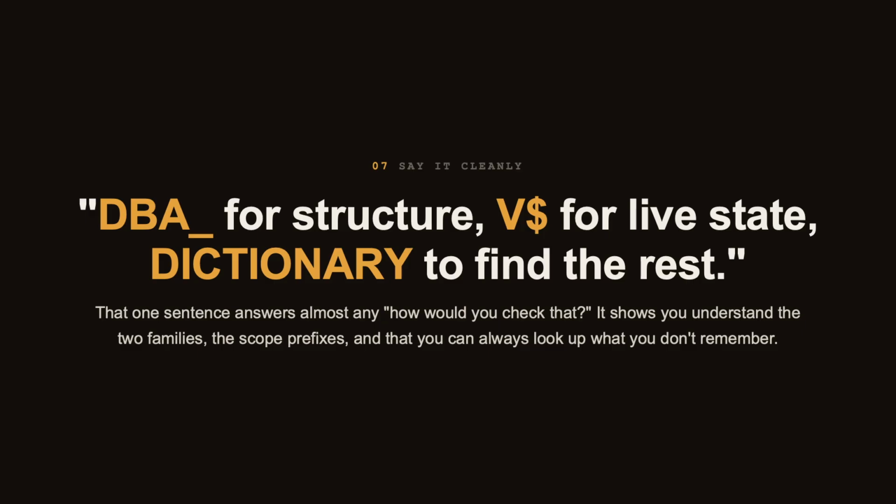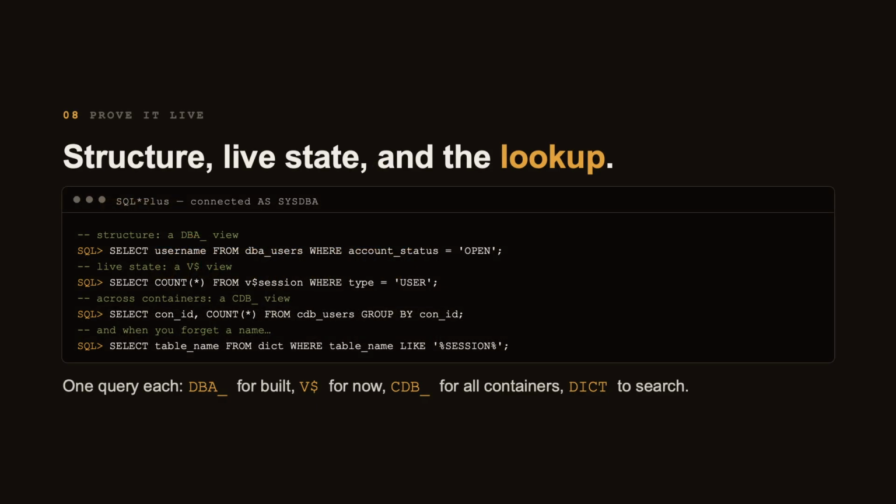You know the scope prefixes, and you've made clear you can always look up anything you don't have memorized. It answers almost any "how would you check that?" question in spirit, because it demonstrates the mental model rather than a memorized list. Practice saying it smoothly. It's the perfect capstone answer for the reference topic, and it leaves an interviewer confident that you can navigate the database to find whatever you need.